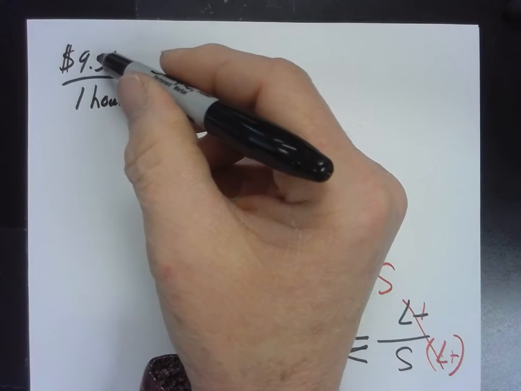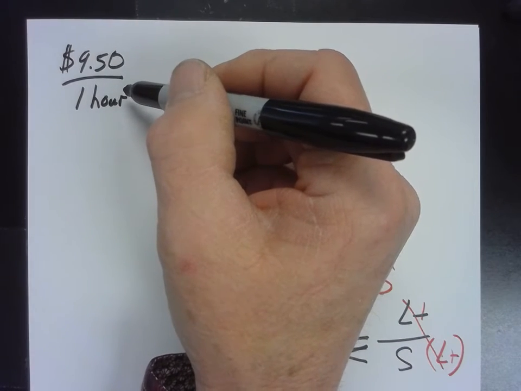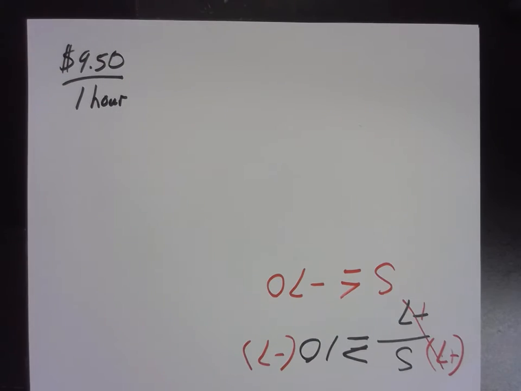Now, since this is $9.50 per hour, I know that's my wage per hour, so probably not going to label it much more than that. Okay, keep reading. Write and solve an inequality that represents the number of hours you need to work. So what are we looking for here? How many hours do you need to work?